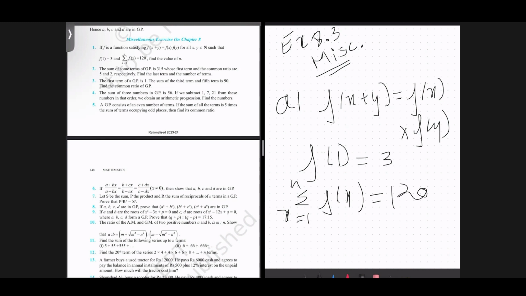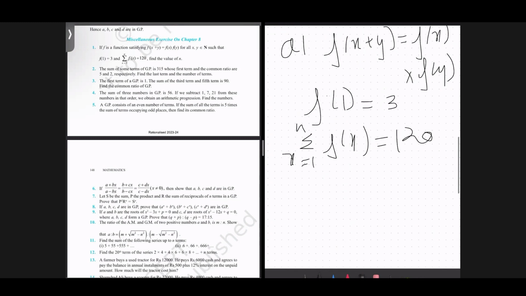Right. So let us first plug in the smaller values of x and y into the functional equation that has been given to us, and see what we get.